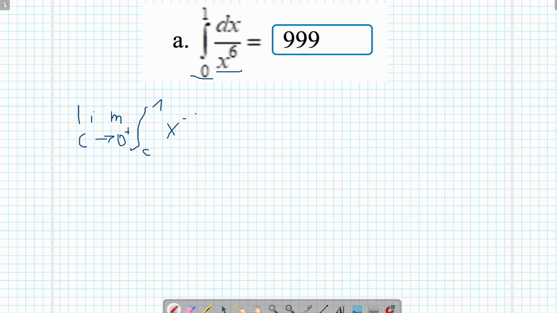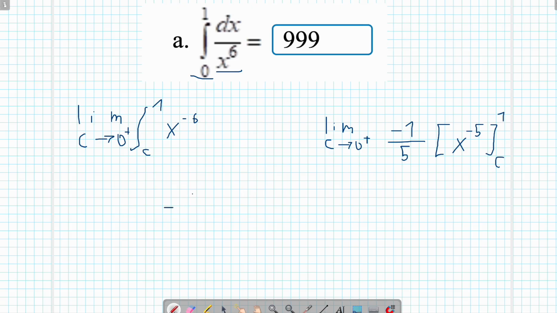We're going to integrate and get, again, the limit as c goes to 0 plus of negative 1 over 5 times x to the negative 5, from 1 to c.